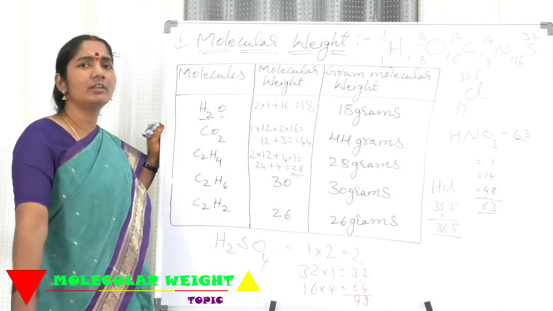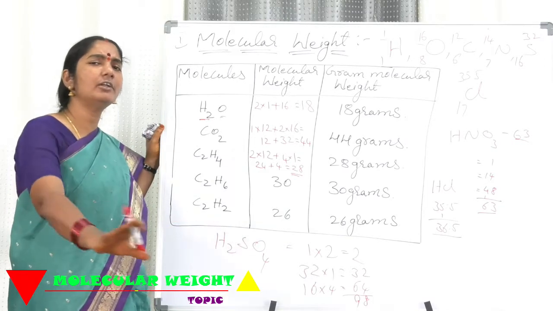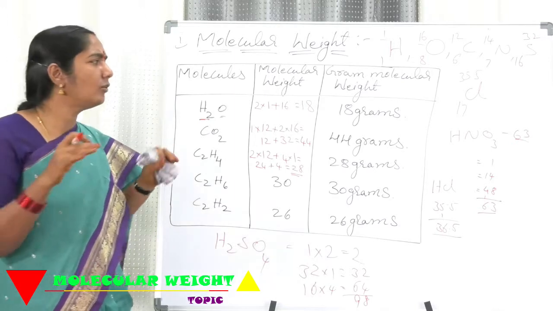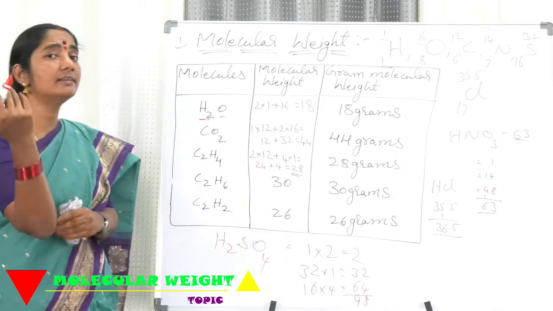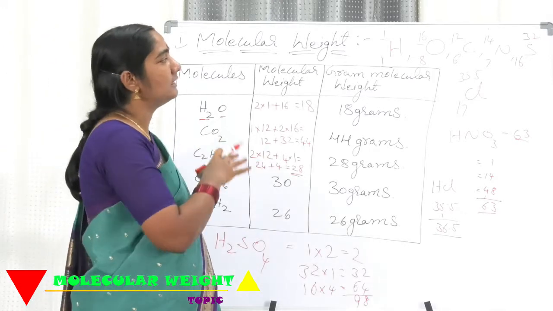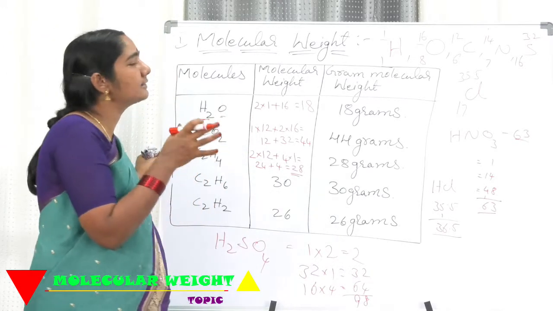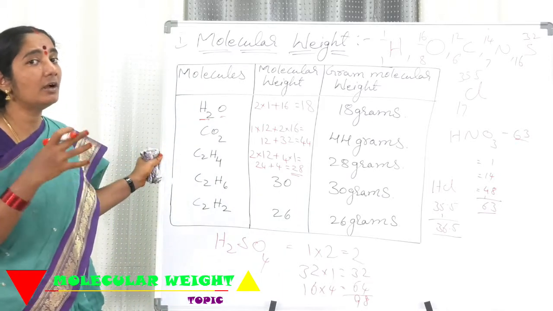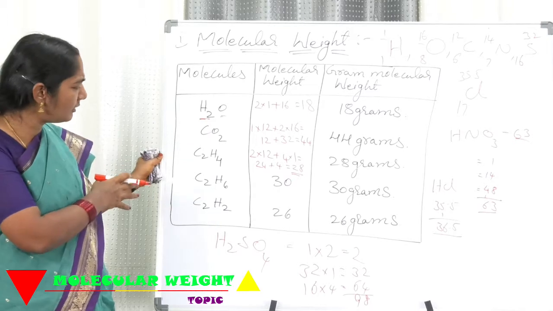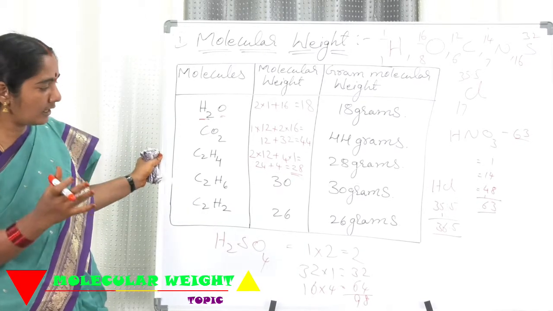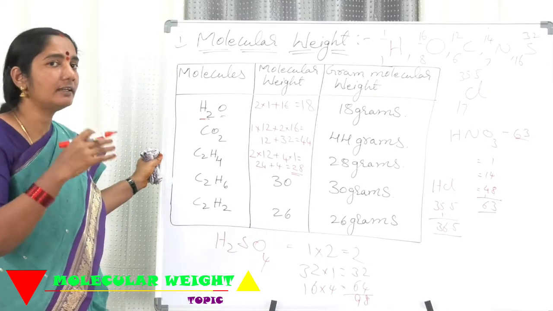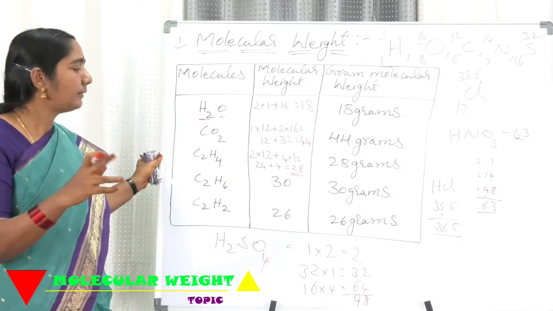Write at least 50 and start writing the molecular weights. Minimum 50, maximum 100, no problem, so that your practice will be better. Practice makes a man perfect, because this is a very important skill. In any competitive examination, just by seeing the formula, you must be in a position to finish this calculation in your mind itself. That comes only with practice.